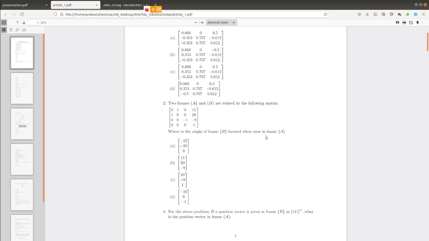That has been asked, and we know that in this TAB the first 3 by 3 matrix is a rotation matrix, and this vector is the position, or origin, of frame B. So I have just spelled out the answer. Is that part clear?